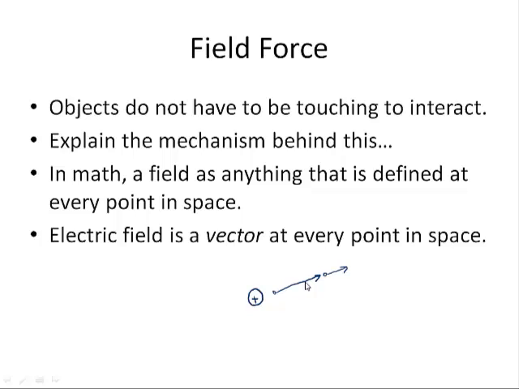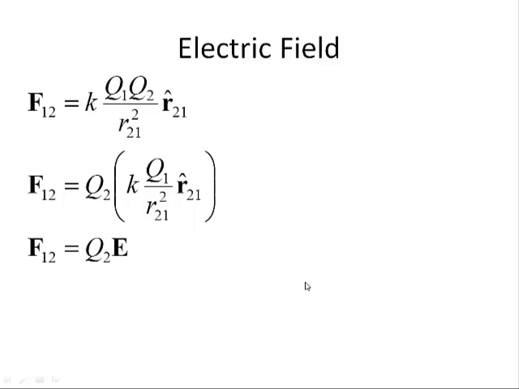In order to calculate the magnitude of the electric field around a point charge, we're going to take a look at Coulomb's law. So the electric field quantity is actually embedded in Coulomb's law itself. If we took Q2 to be our positive test charge, we could say that for every unit of charge that you placed at a particular location in space, it would feel a certain number of newtons depending on the electric field.